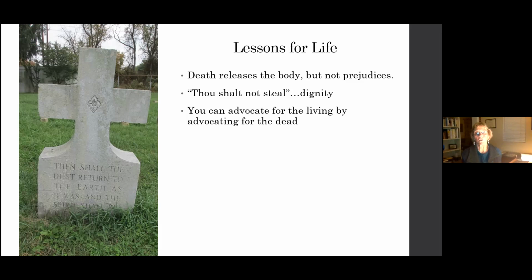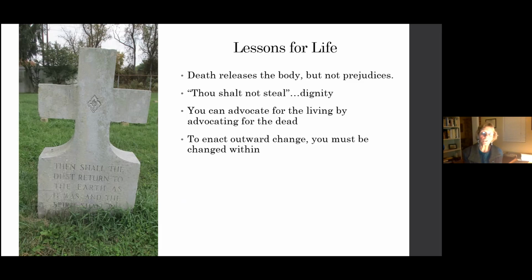As a matter of fact, we call our project the Dignity Project. And as human beings, we all share so much. So it's important to acknowledge the common bonds of our humanity.